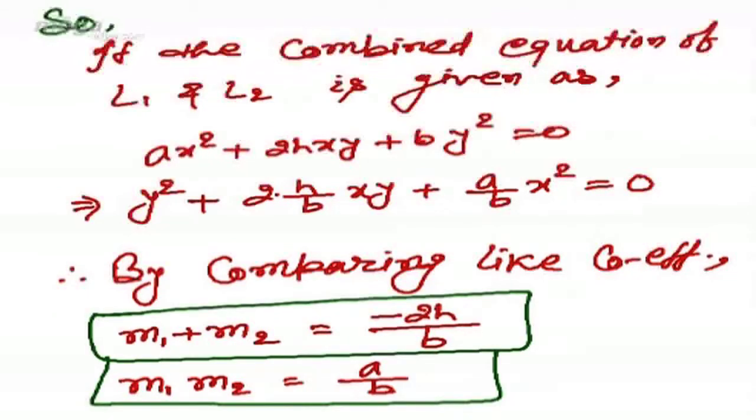So this is the relation, and you have to remember that if the individual slopes of two straight lines are given as m1 and m2, then the relationship between m1 and m2 is m1 plus m2 equal to minus 2h upon b, and m1 into m2 is a upon b.